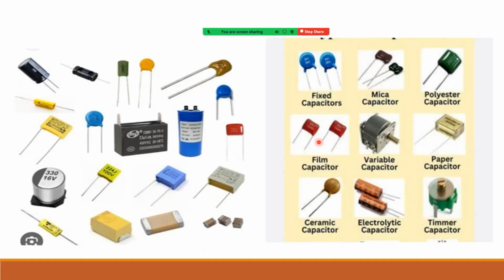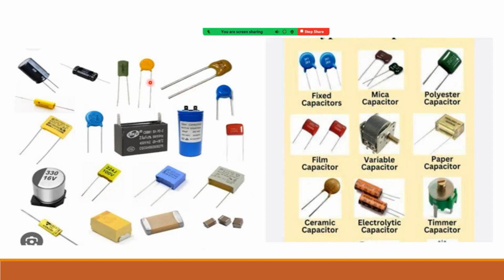And we can see here some more types. Fixed capacitors, mica capacitors, polyester capacitor, film capacitor, variable capacitor, paper capacitor, ceramic capacitor, electrolytic capacitor, and trimmer capacitor, having many types.